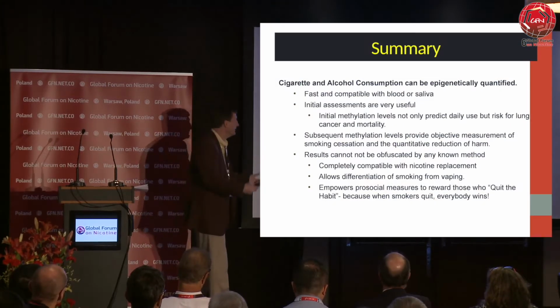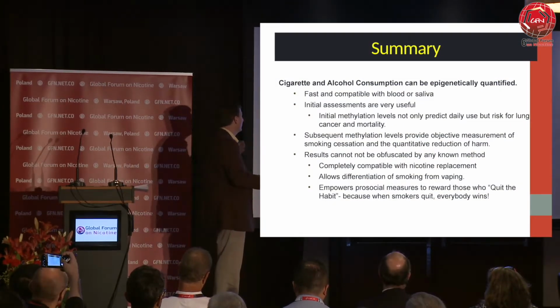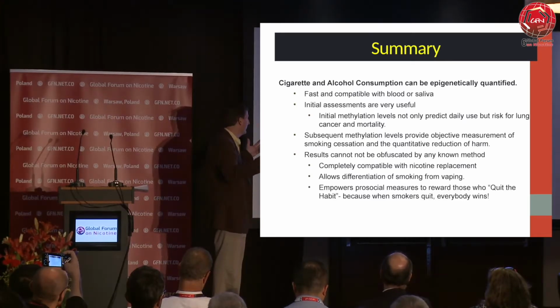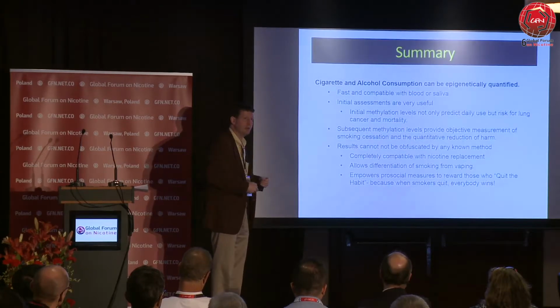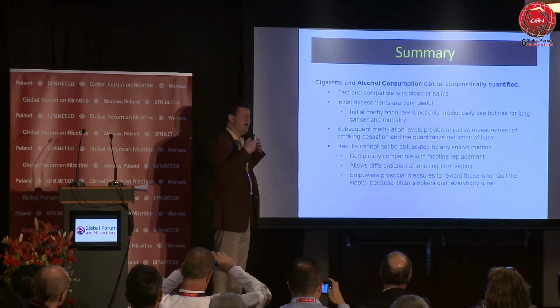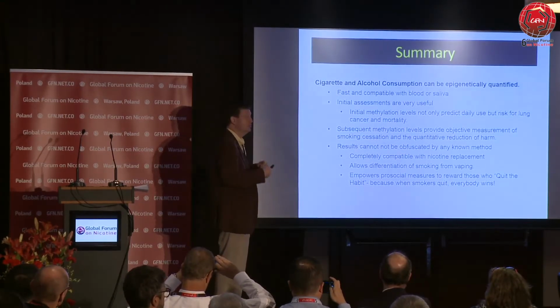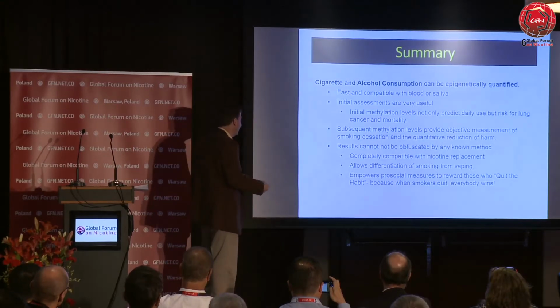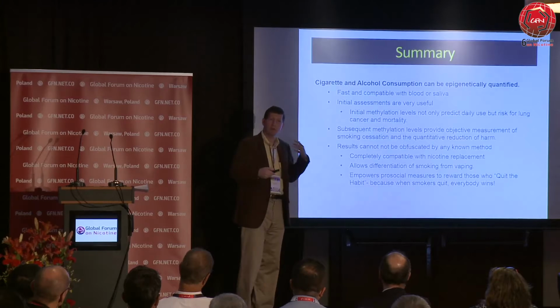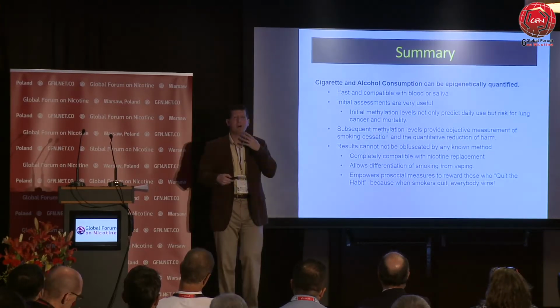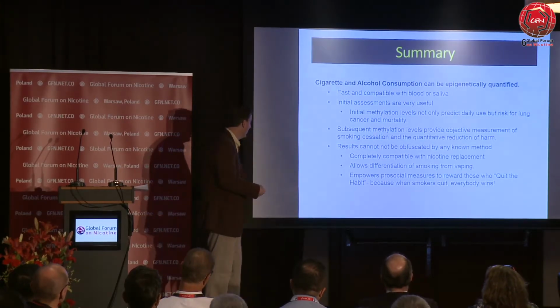So, in summary today, what we have talked to you about is cigarette consumption, but we also should tell you that we can measure how much you're drinking as well, using a similar epigenetic technique. These techniques are fast, and we can do them on blood or on saliva, equally well.